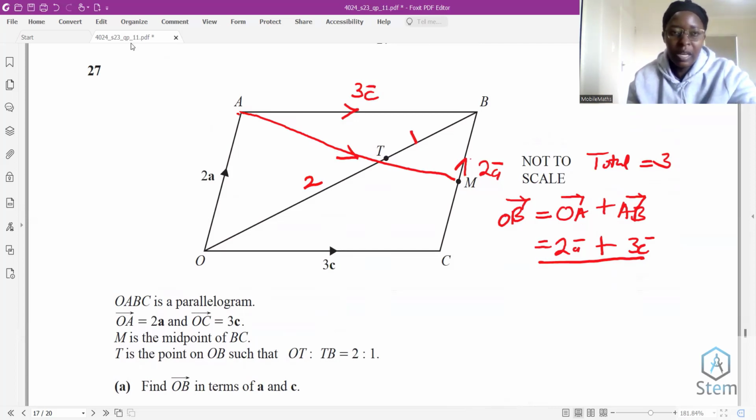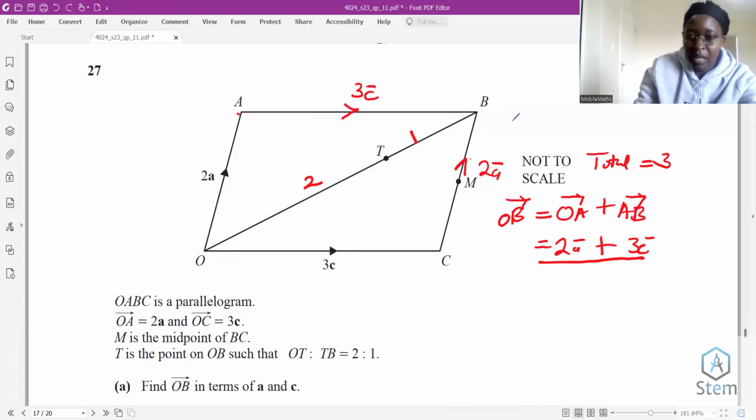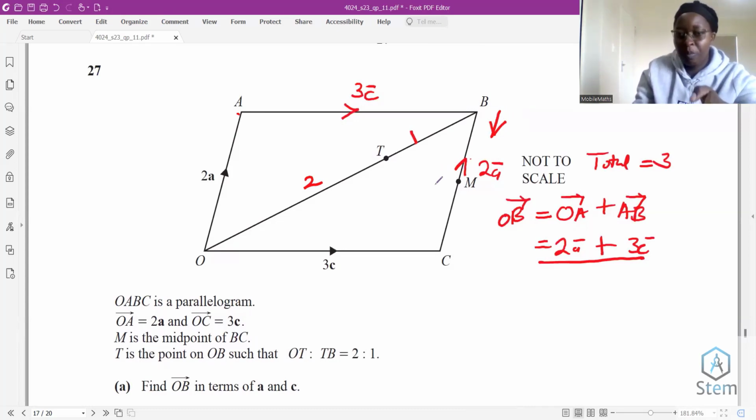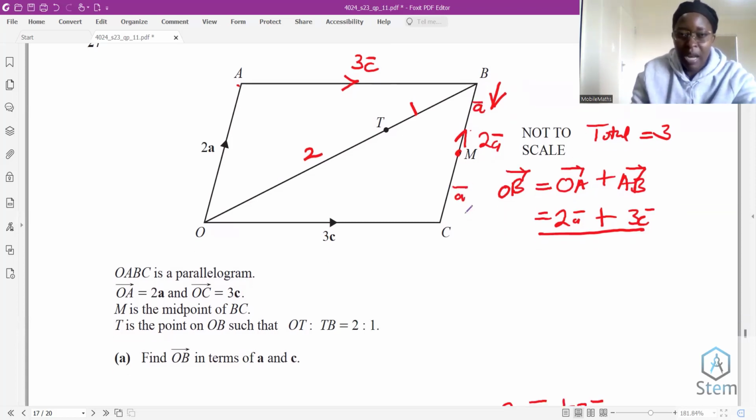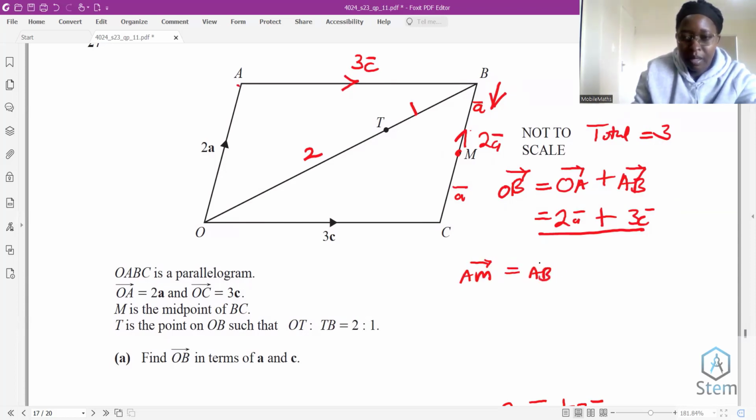Okay, so when I'm going via BM, remember I will be going down, opposing the original direction of CB, which is 2A. So I'll have a negative, and also this is our midpoint. So when it's 2A here, it means this part here is A and this part here is A. Okay, so let's write our AM is going to be equal to AB plus our BM.